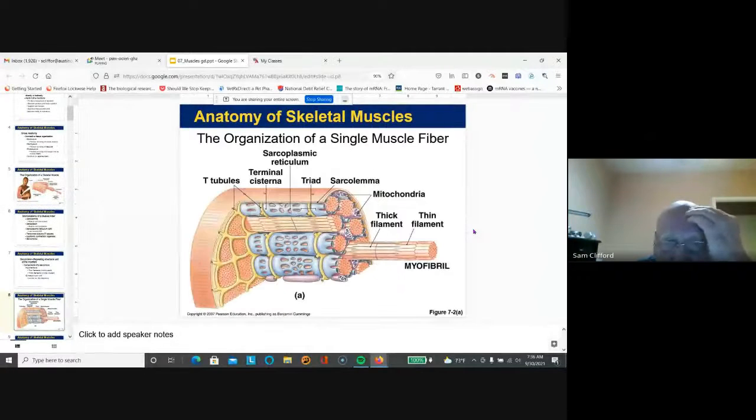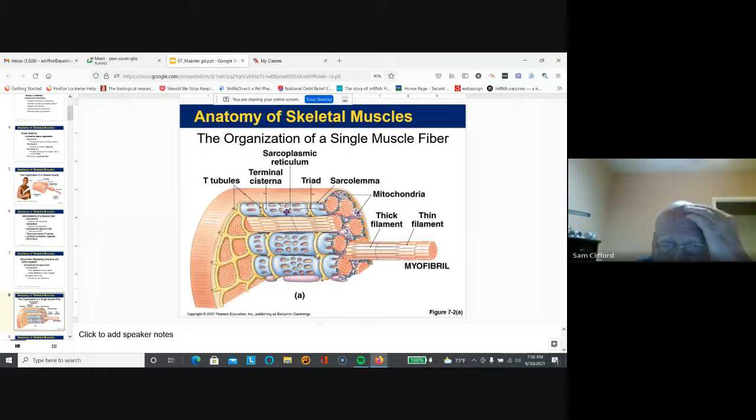So what does that look like? Here's a single muscle fiber. It has T tubules which connect into the sarcoplasmic reticulum. The sarcoplasmic reticulum is right here, and the T tubules are connected to allow the flow of various ions.